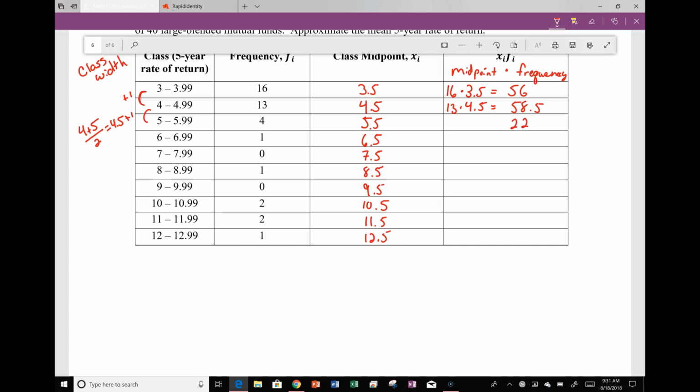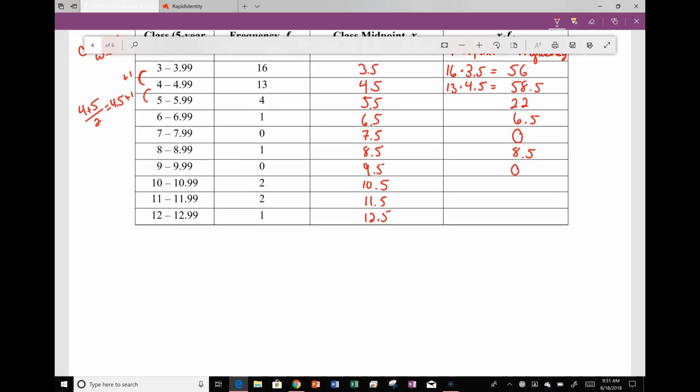I really like it when there's ones and zeros because 1 times 6.5 is 6.5. 0 times anything is 0. 1 times 8.5 is 8.5. 0 times anything, again, is 0. 2 times 10.5 will be 21. 2 times 11.5 will be 23. 1 times 12.5 will be 12.5.